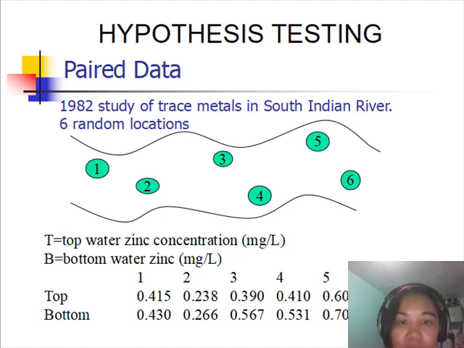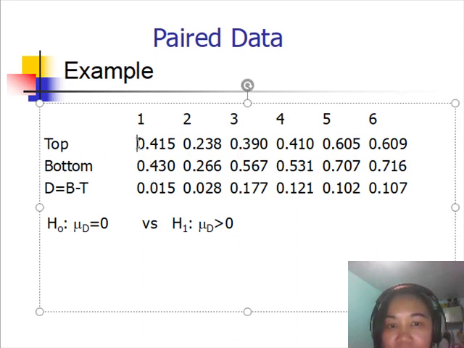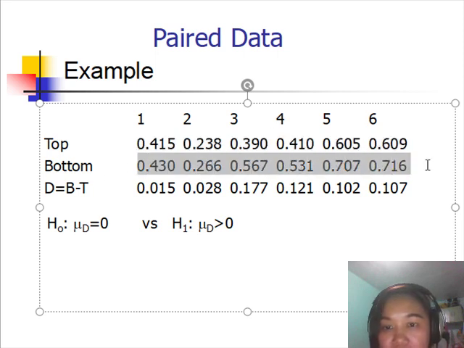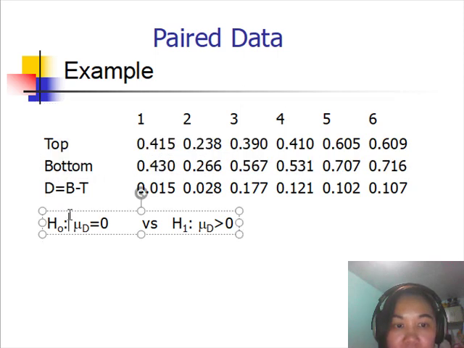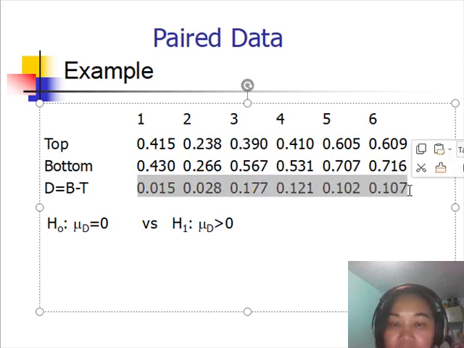Let's say we have this data set: the water zinc concentration on top and at the bottom of the river. Here D refers to the difference between the top zinc concentration and the bottom zinc concentration. So these are the differences.